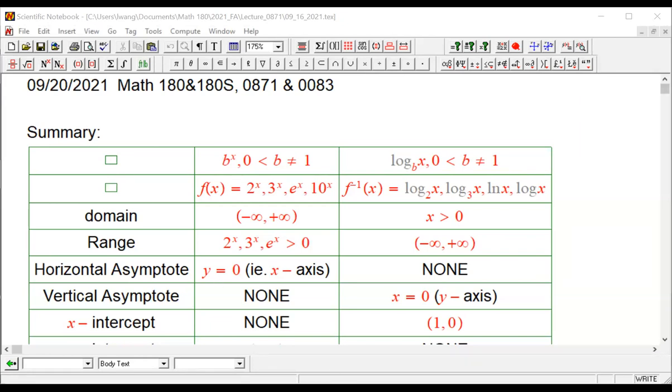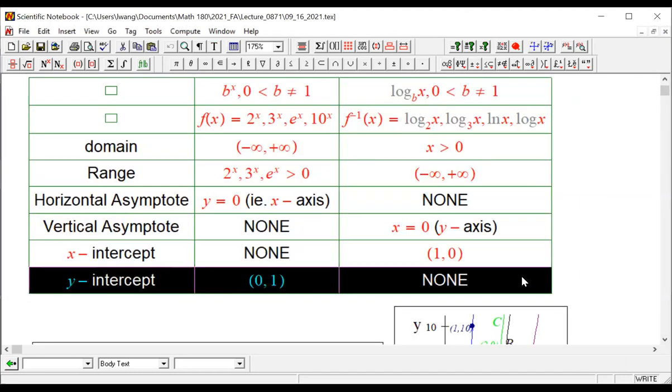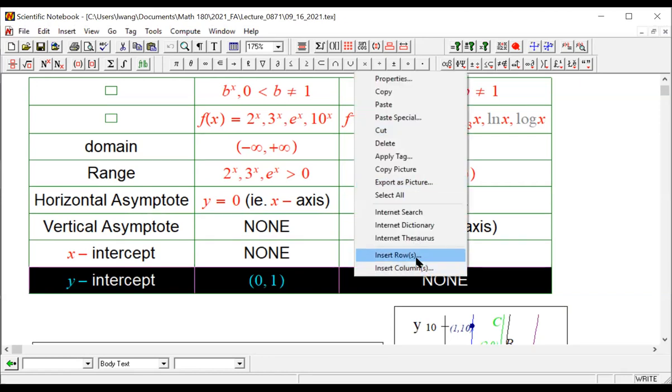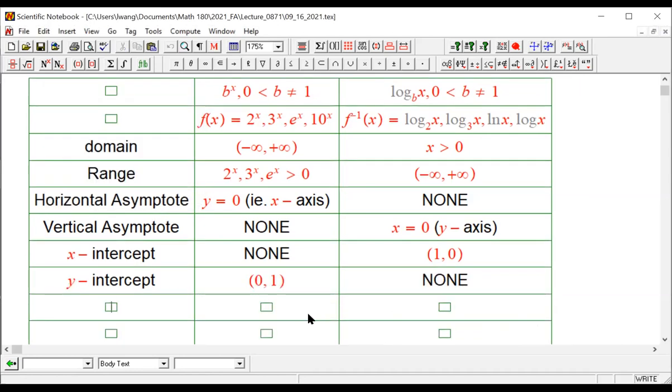For example, we have those calculus observations here, so you can certainly put them over there. Do you guys still remember?